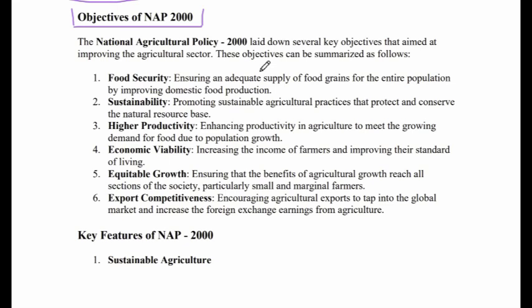What are its objectives? One was food security, very important for a country. Ensuring an adequate supply of food grains for the entire population by improving domestic food production. This is one of the most important reasons. Food security, otherwise India has to go to other countries for its food needs.